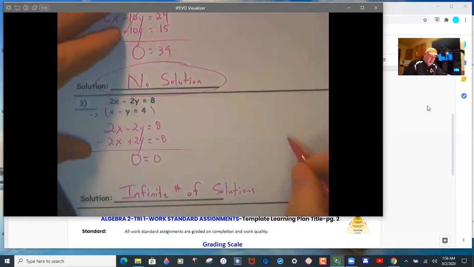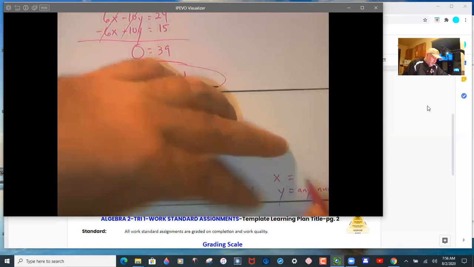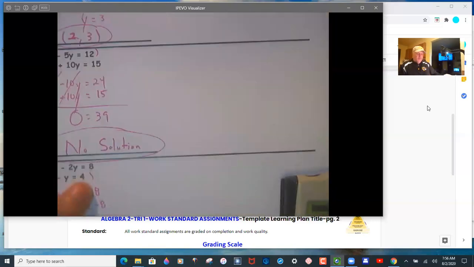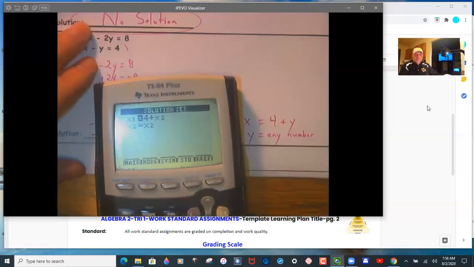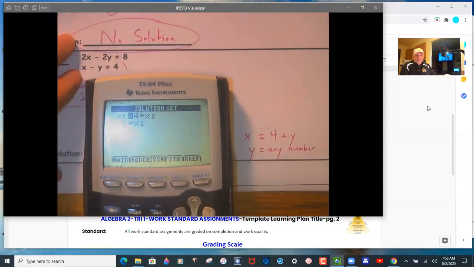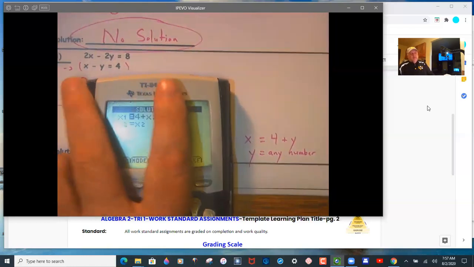So you could do this: y is any number, and then x equals 4 plus y. That's what that means right here. So the x2 equals x2 means that's the calculator's way of saying y is any number, and then x is 4 plus that. Those will be solutions to that system. That's what that's about.